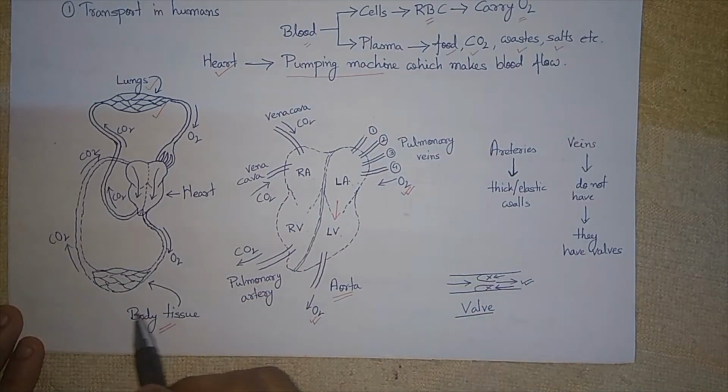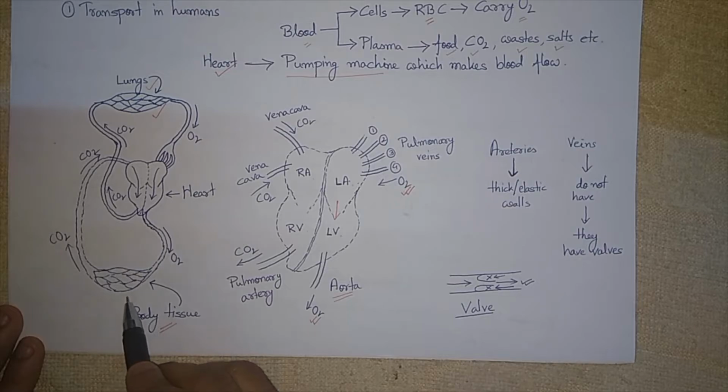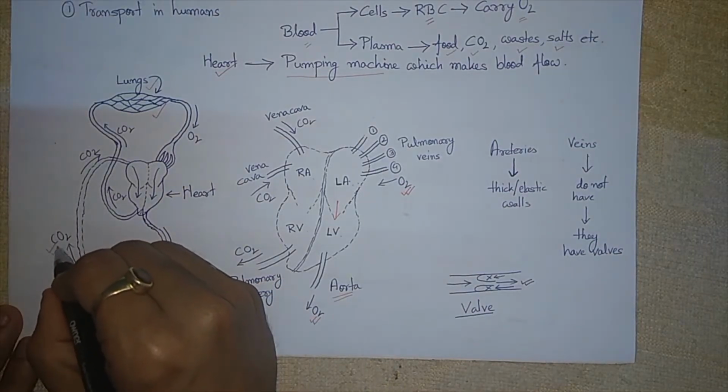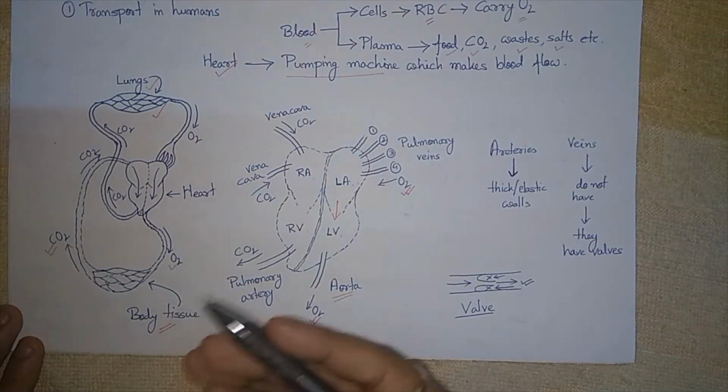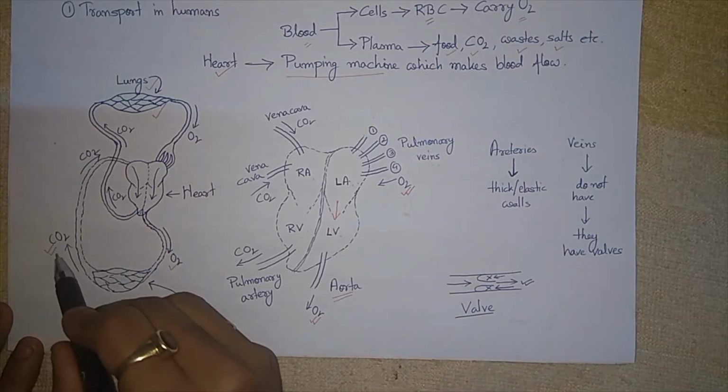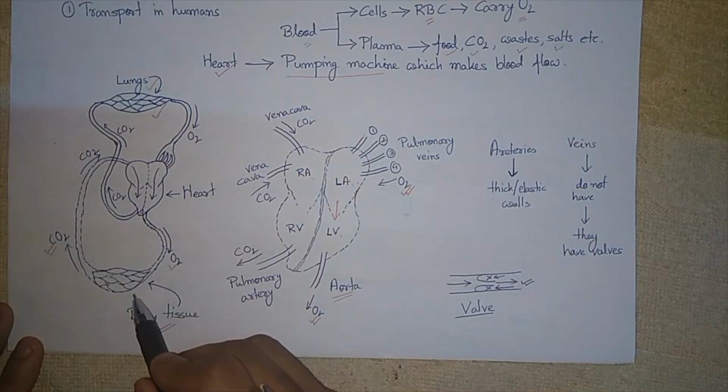From the body tissues, the body cells take up the oxygen and eliminate the carbon dioxide, which is the product of respiration. In the last video, we already discussed how carbon dioxide is produced inside the cells.